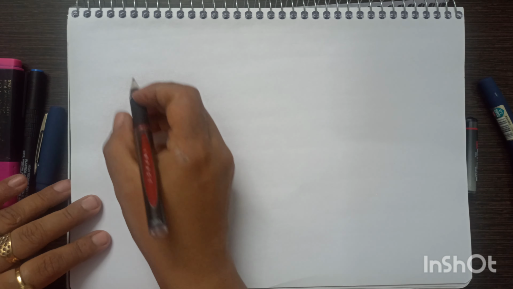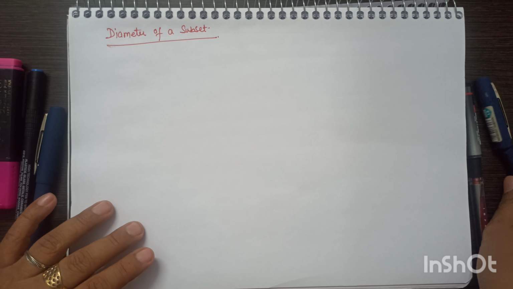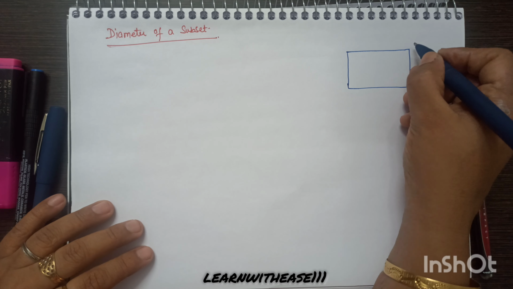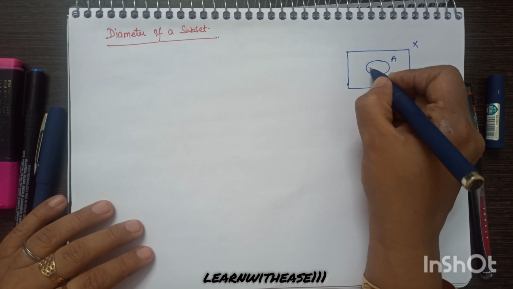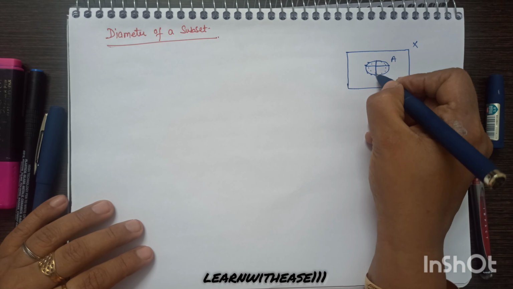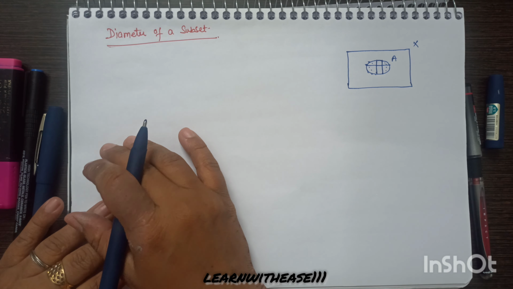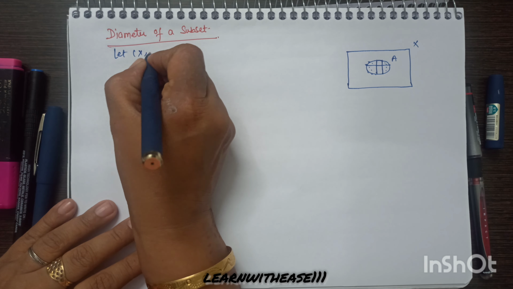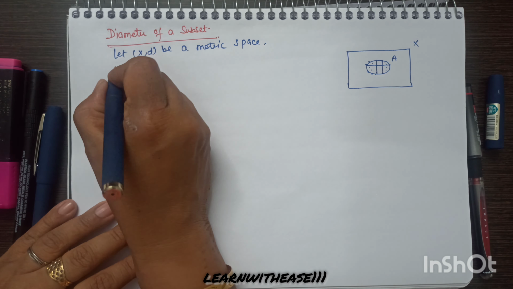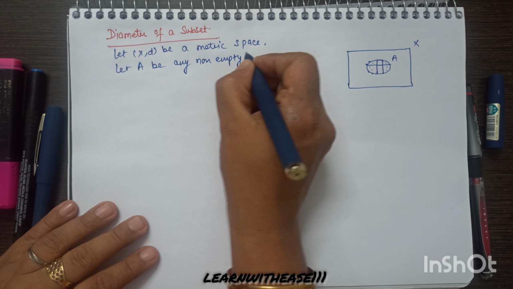Next is the diameter of a subset. Diameter is the largest distance. Suppose this is a metric space and A is any subset of X. Then through all the pairs of points lying in A we will be finding the distances, and the supremum of this collection will be the diameter of A. Let (X, d) be a metric space, A be any non-empty set.